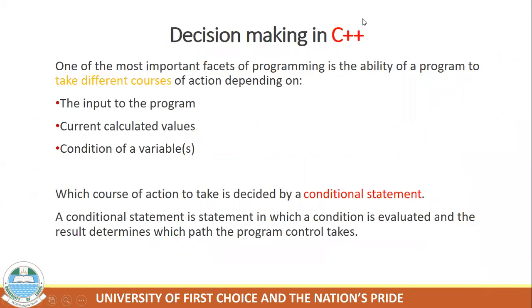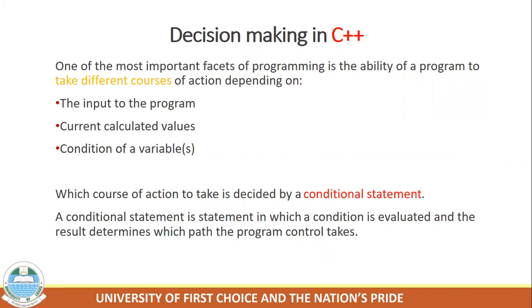So decision making in C++. One of the most important facets of programming is the ability of a program to take different courses of action depending on the input to the program, or depending on the current calculated values or the condition of a variable, right?